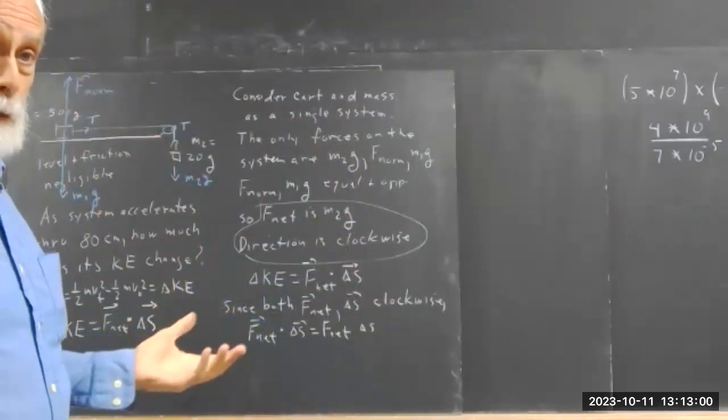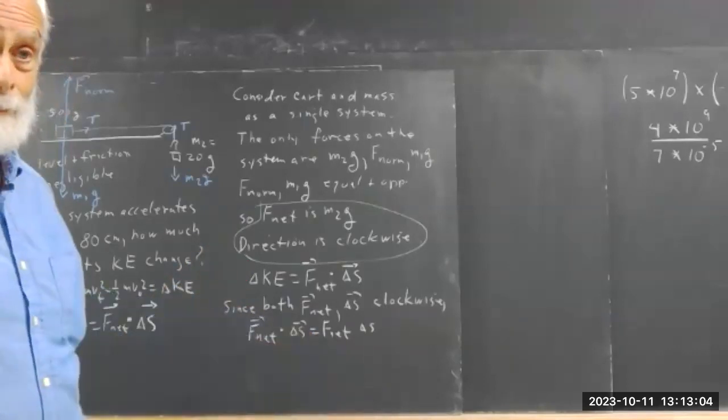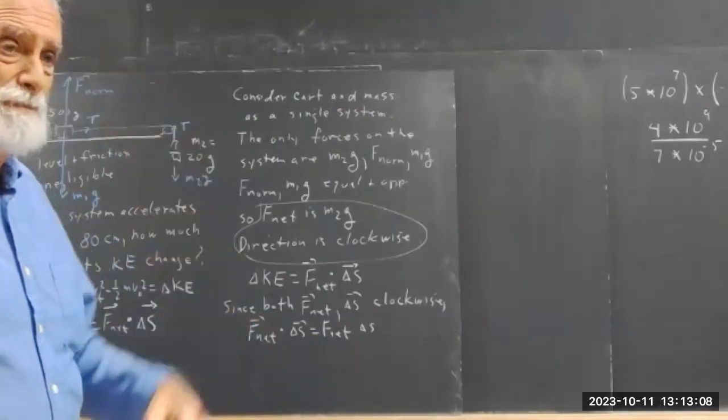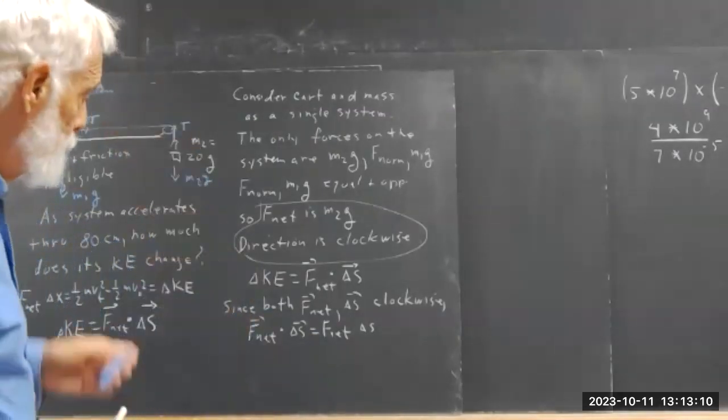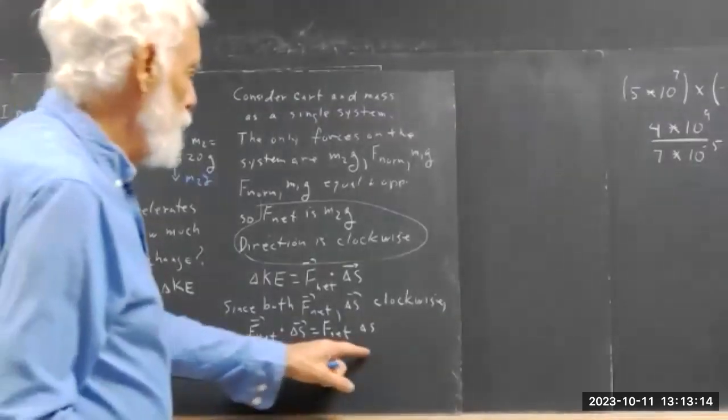That's a 180-degree difference. Cosine of 180 degrees is -1, so you'd have a negative. That makes sense? At least visually? So you've got to take all that into account. But right now, it comes down to F net delta S.